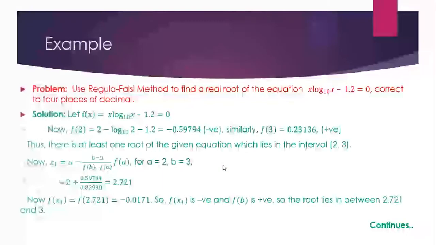Let us take an example: x log x minus 1.2 is equal to 0. That will be our f(x), and with that f(x) we have to find a root between 2 and 3, where f(x) equals x log x minus 1.2 equals 0. I will compute these things in this table.